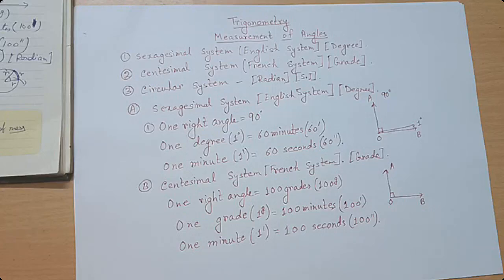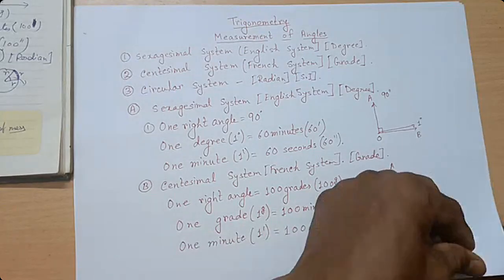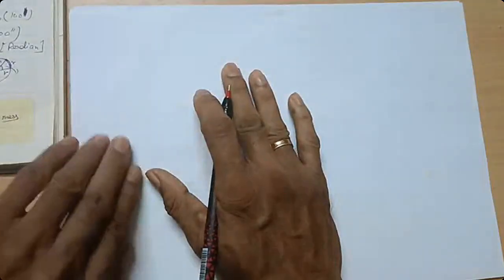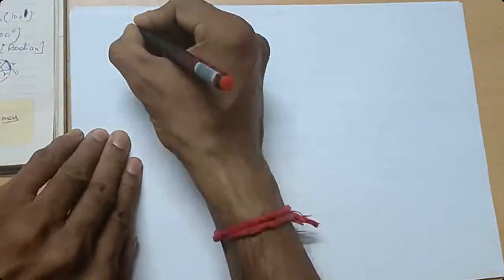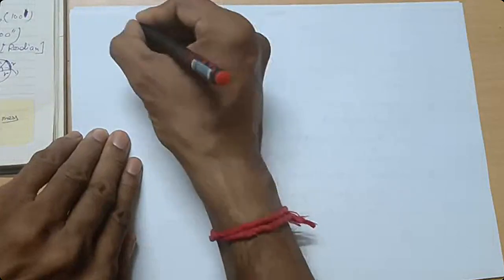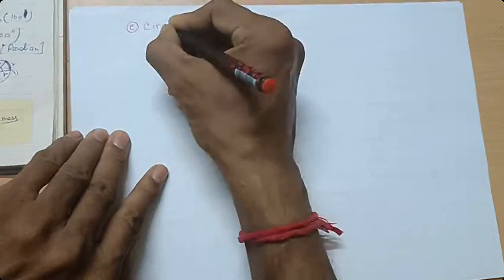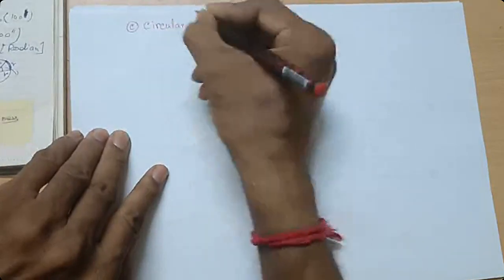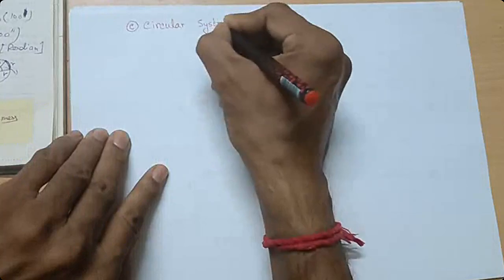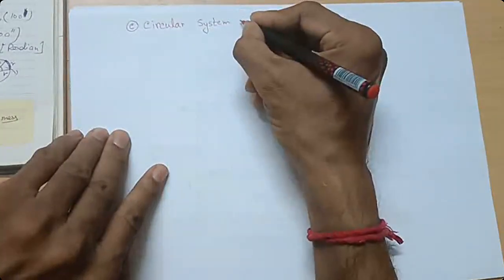Now we learn about the circular system, number 3, which is the SI system.